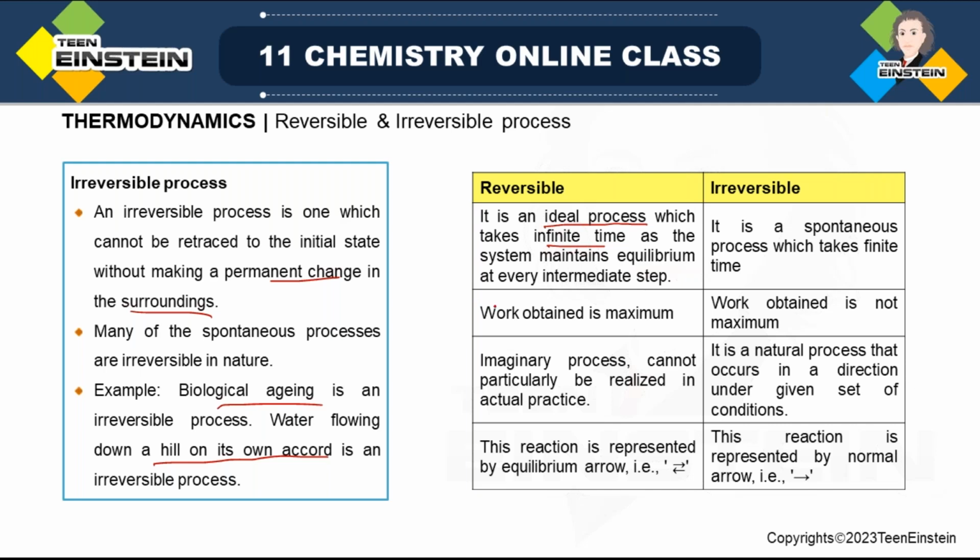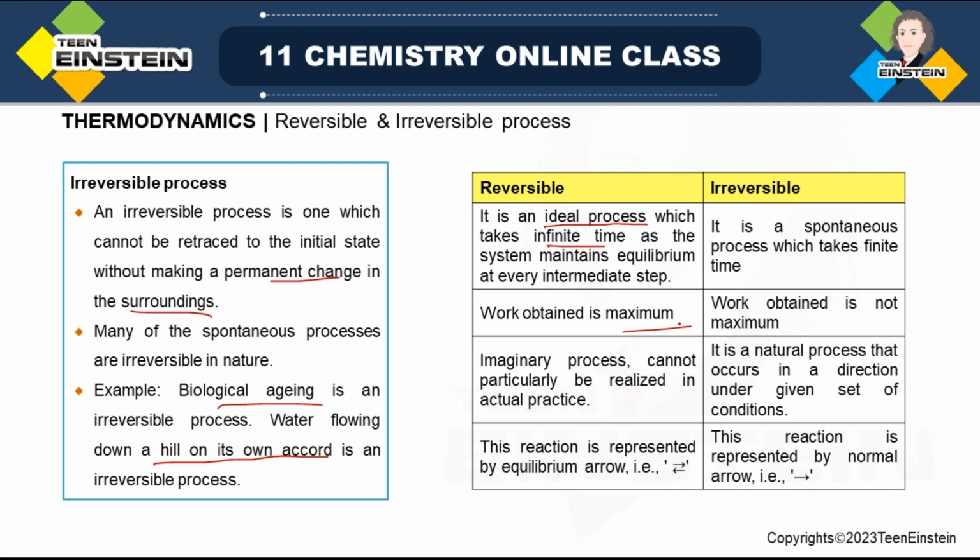Now in reversible, basically you will see work obtained is maximum compared to irreversible, because in reversible you are taking utmost care in every stage so that there is no loss of energy. But in irreversible, you are doing the change abruptly. It is unidirectional, so there may be some loss of energy.